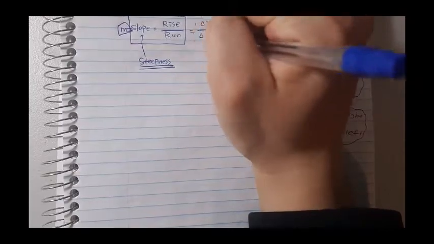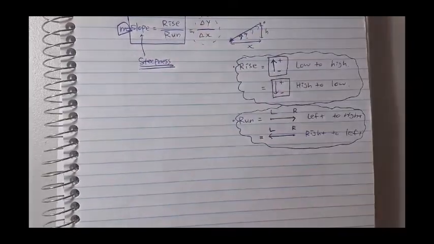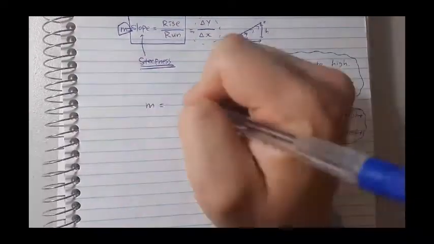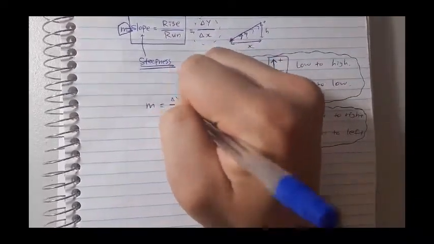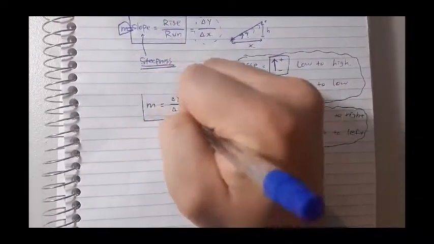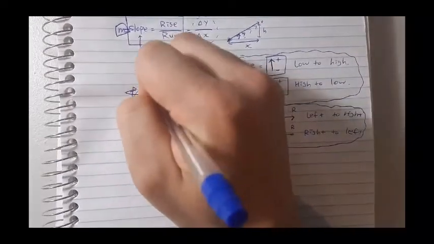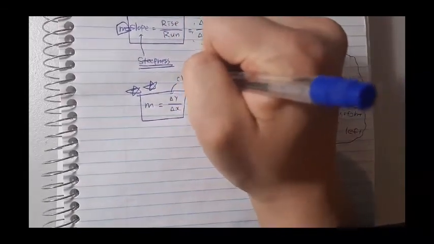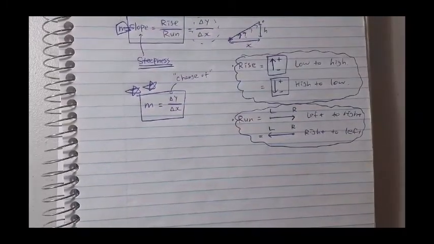For slope, we used to use m, and instead of rise, we use delta y. Instead of run, we use delta x. So from now on, this is the actual formula approach, and this is very important. Like I mentioned, delta, that triangle structure, is basically the Greek way of saying change of.